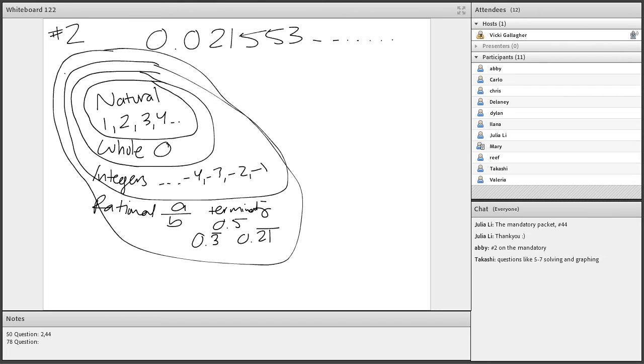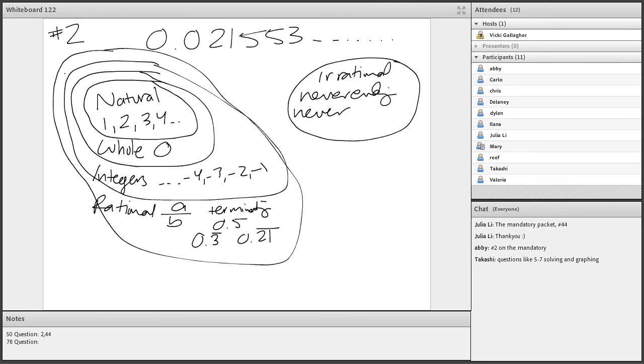And then we have this random circle over here. And these are not included in any of these other ones. These are irrational numbers. And irrational numbers are never ending, never repeating decimals. Usually it's like pi or a square root of a number that we don't know the square root of.